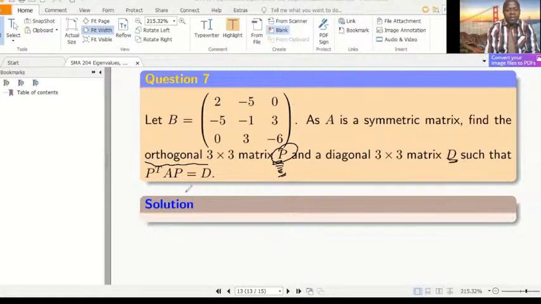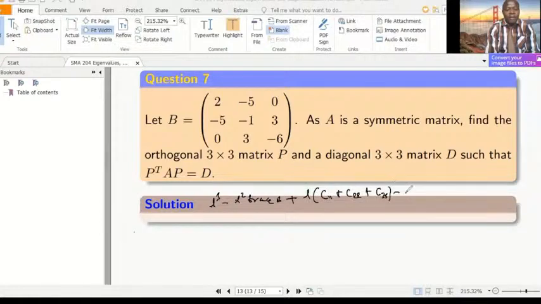So very first, let's find the characteristic polynomial. You know how to do that? Lambda cubed minus the trace multiplied by lambda squared, and then plus the cofactors multiplied by lambda, with the cofactor in position 1,1, the cofactor in position 2,2, and the cofactor in position 3,3.